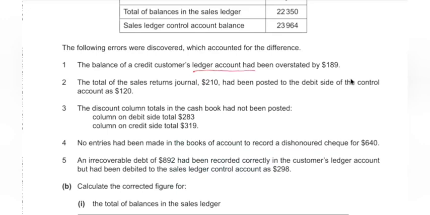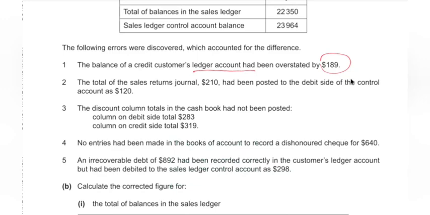So this has been overstated by 189. This will be directly affecting the total of the sales ledger, right? So this 189 will be affecting the sales ledger balance because this is an error which is there in the customer's individual account.